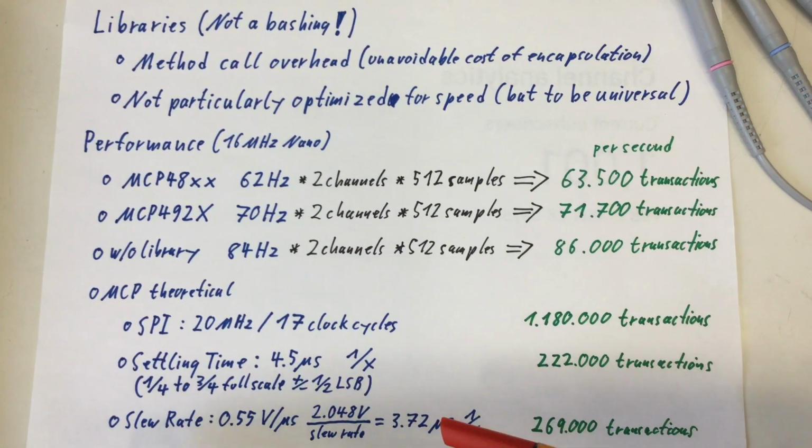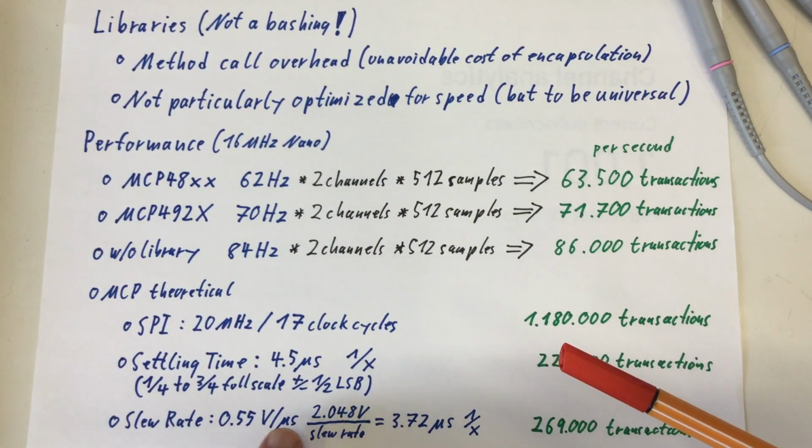And if you look at the slew rate of the amplifier, 0.55 volts per microsecond typically, and you divide the internal reference voltage of the MCP48s by that slew rate, you get 3.72 microseconds.